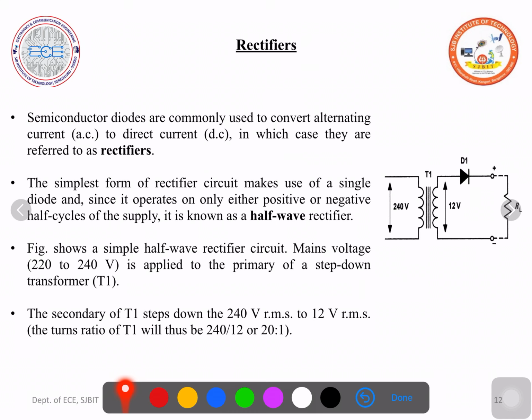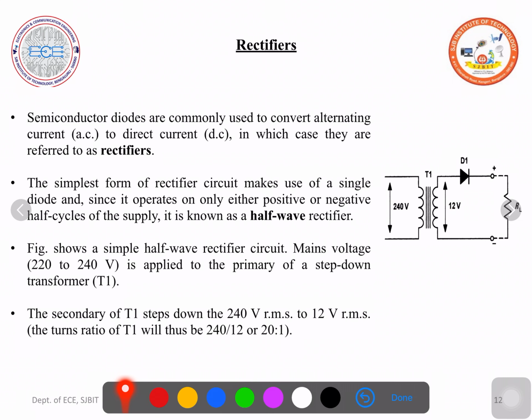Then coming to the rectifier circuit, the most popular circuits. There are two types of rectifiers, half wave rectifier and full wave rectifier. Now this diagram is nothing but a half wave rectifier circuit diagram. Here you can see the primary winding where 240 volts is applied. This must be a step down transformer, that means the number of secondary windings must be less than the number of primary windings. 12 volts.